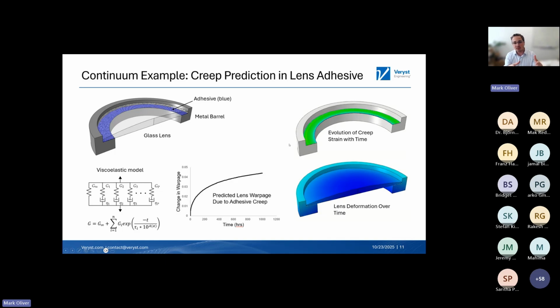If you're bonding glass to metal, you have a thermal expansion mismatch. If you increase or decrease the temperature, that will cause thermal stresses to develop in the adhesive, and that can cause the adhesive to creep. So this is an example where we use continuum models, and we'll discuss how we can go about doing this a little bit later.